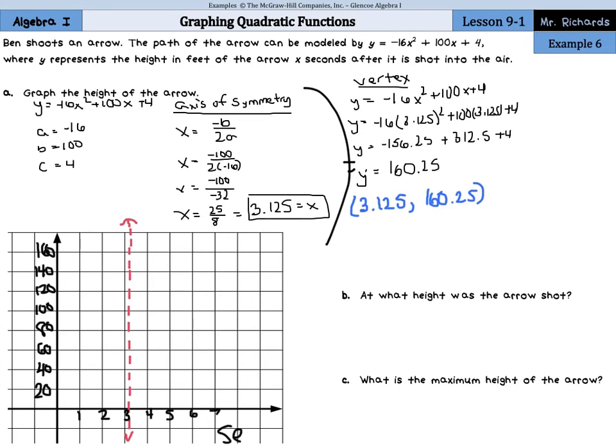And that was in seconds on the x-axis. And the y was in feet, or the height in feet at least. And so now as I go to graph 3 and 125 thousandths, 160 and 25 hundredths, that's going to be right around here. And there's my vertex.